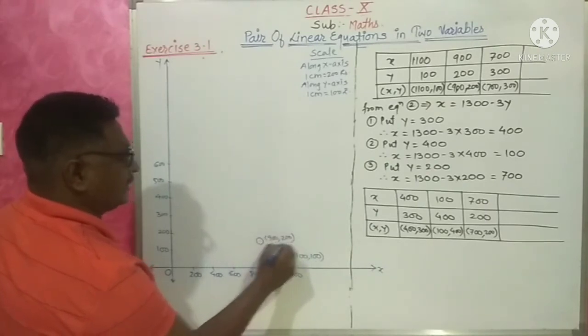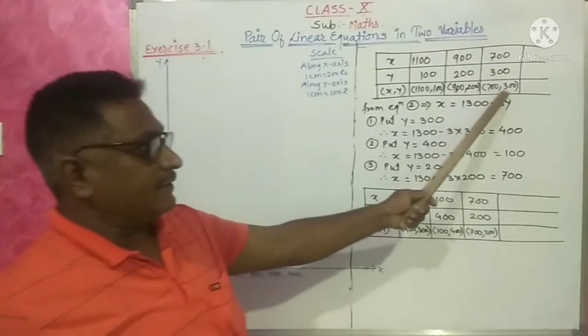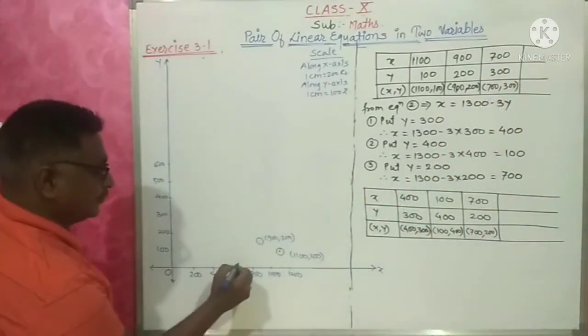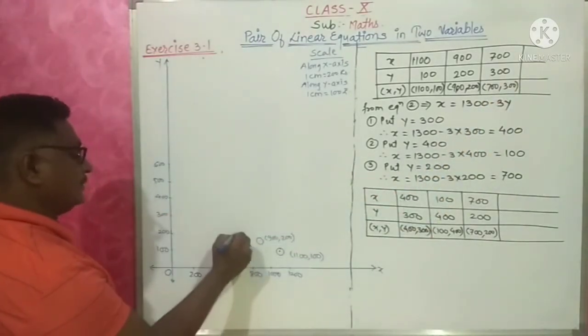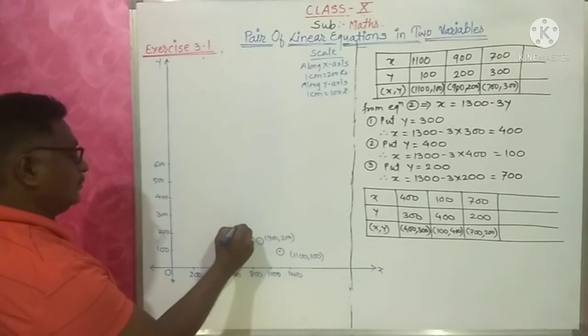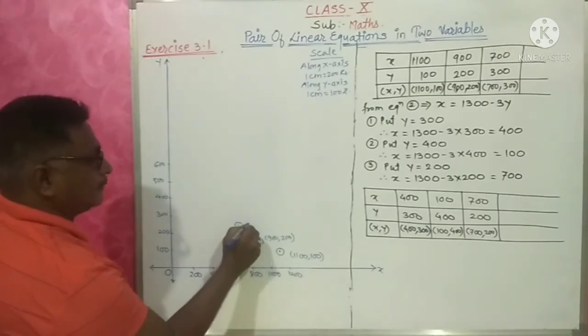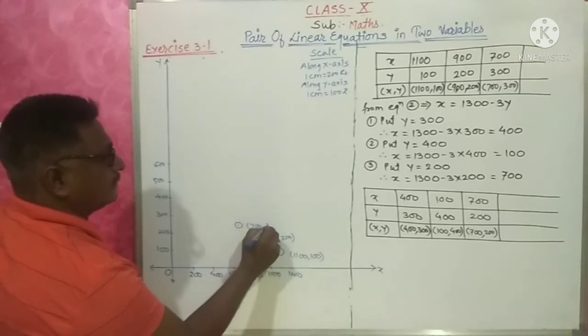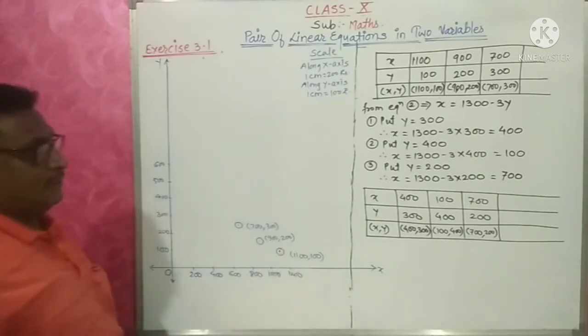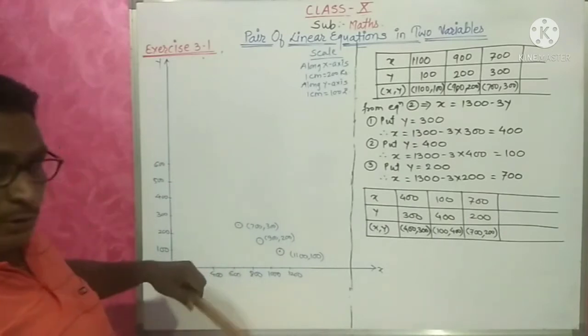Now the third, (700, 300). Here 700, so we will get the point here. So first we plot.